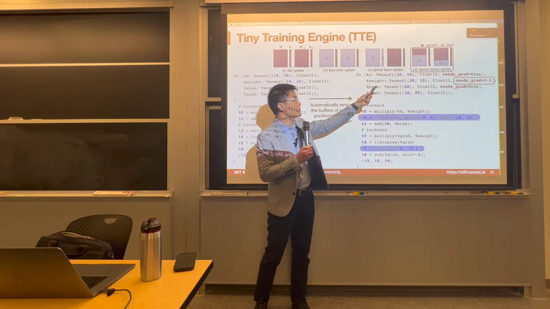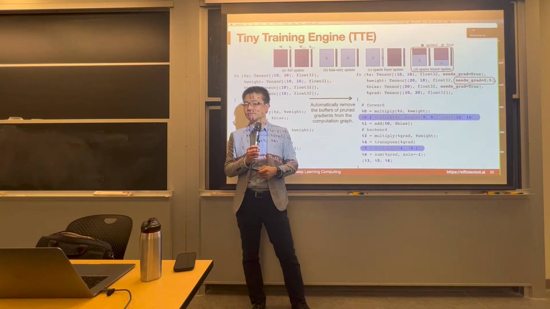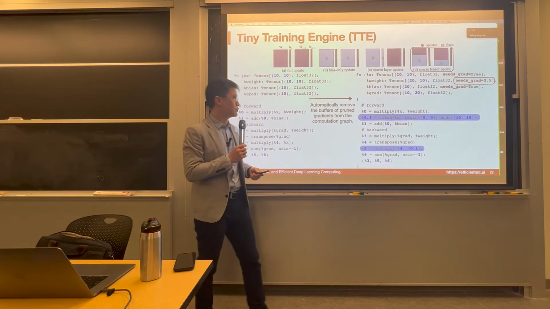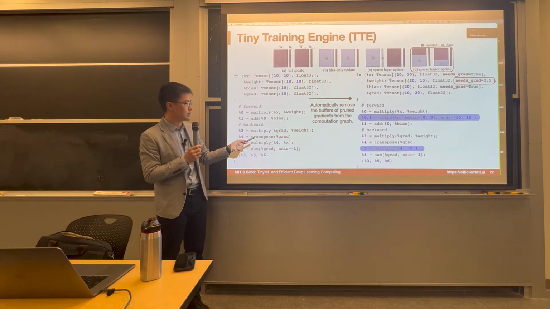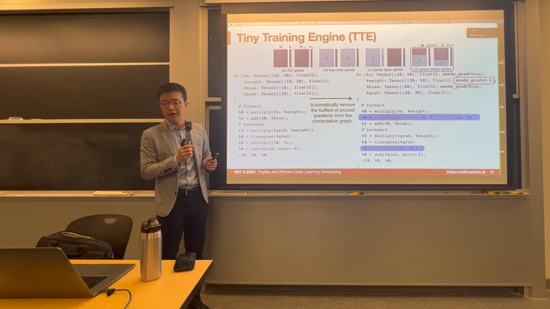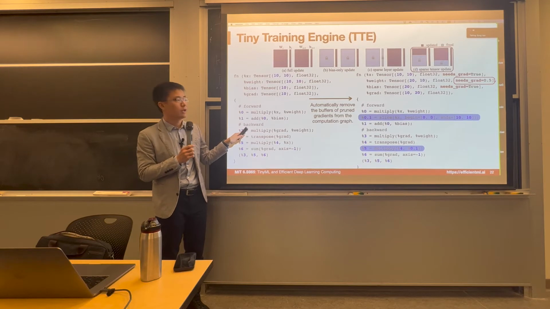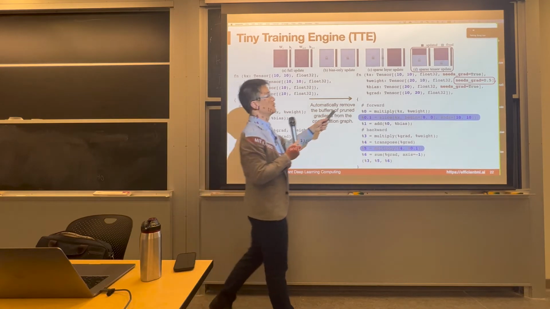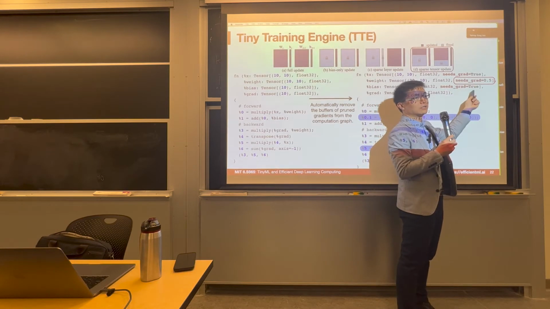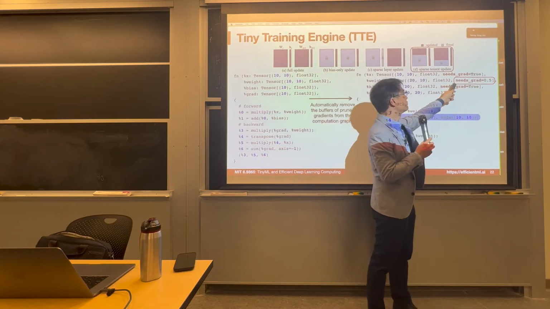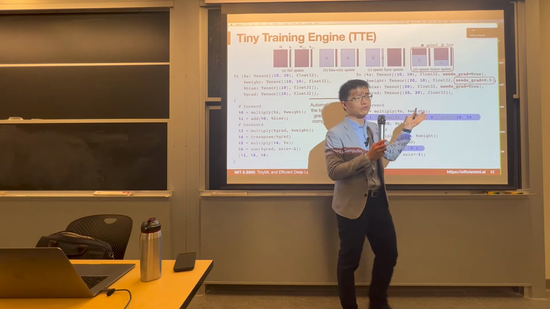What about sparse tensor update? Originally we have to calculate the gradient with respect to the full weight, right? But currently, for example, we only update half of the weight. So what do we do here? We give need grad to be 0.5.